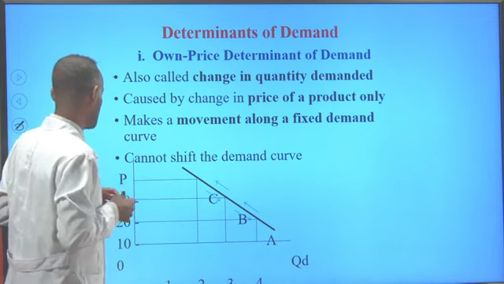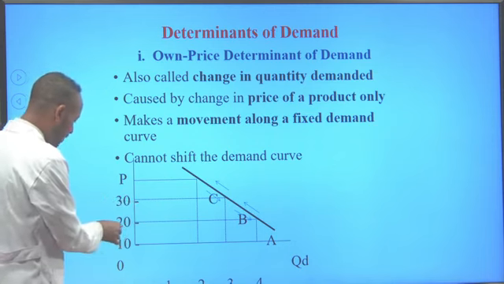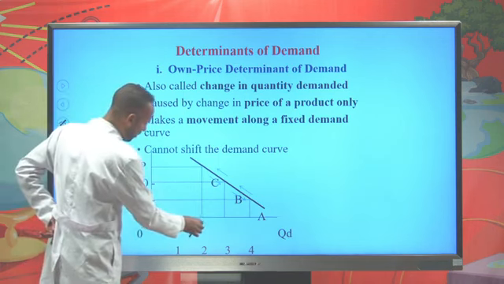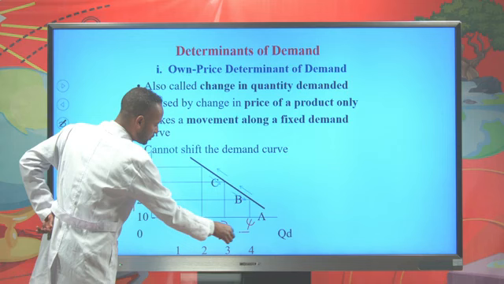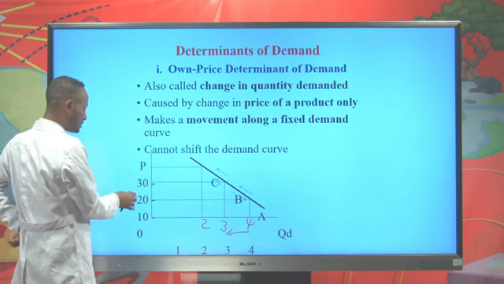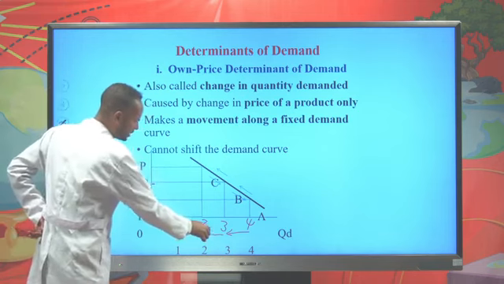For example, as the price of a kilogram of orange increases from 10 to 20, the quantity demanded for orange declines from 4 to 3 kilograms. As the price increases from 20 to 30, the quantity demanded also declines from 3 to 2.